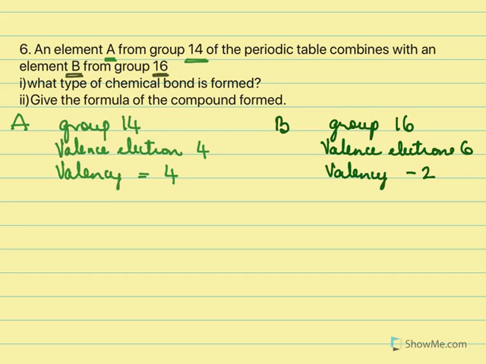So valency is -2. So now when we want to find the compound, you have A is 4 and B is -2. So the compound will be A2B4, and when you take common out, it will be AB2.